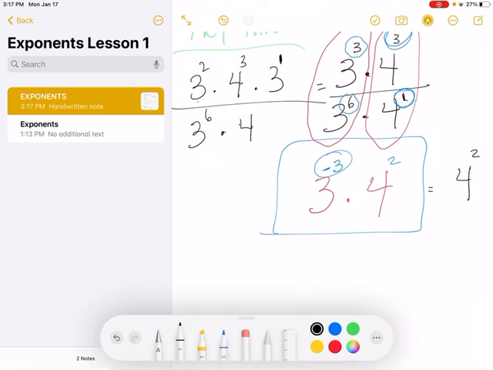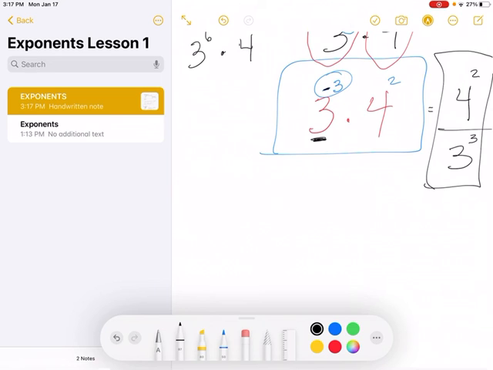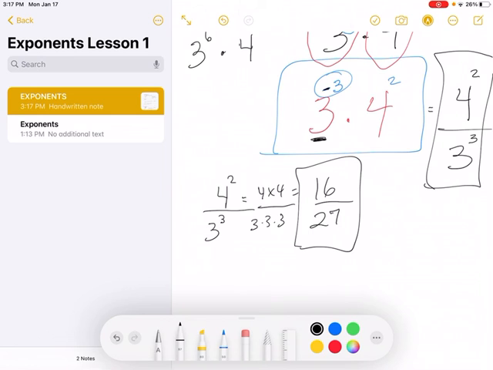But this guy right here, we would bring it downstairs, and all that's going to change is the negative power becomes positive, and that's it. If you were to evaluate one more step, you have 4 to the second, which is 4 times 4 is 16, and 3 to the third, which is 3 times 3 times 3 is 27. You might want to write that if they ask you to do that. Otherwise, you could just leave your answer like that as exponents.